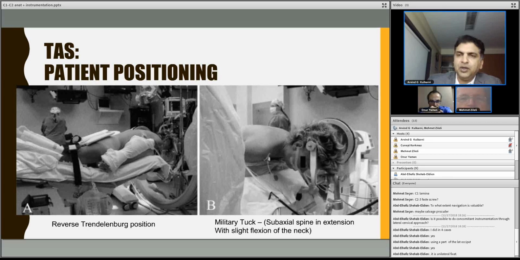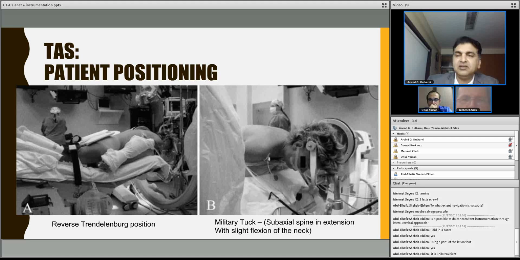I understand that when you have to reduce C1, C2, it is in extension, but it is possible to place the patient in the best reduced position, but still in a certain degree of flexion. Otherwise, it's very difficult to get that particular trajectory, from posterior superiorly to anterior inferiorly, from C2 into C1.